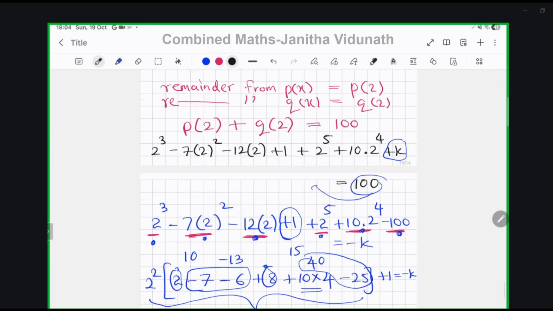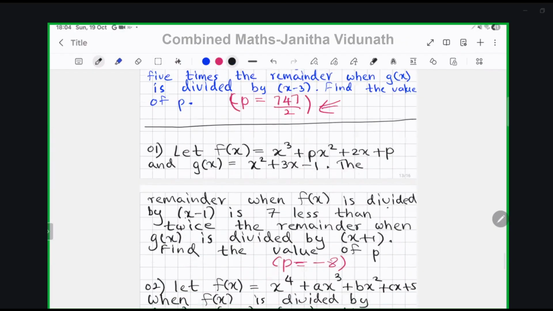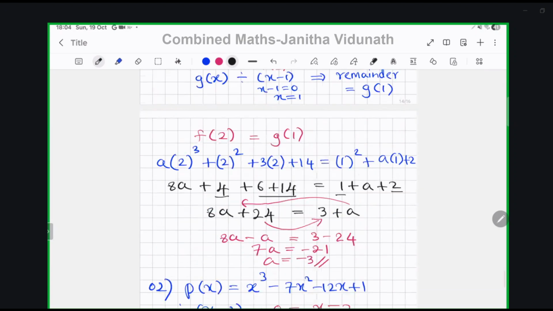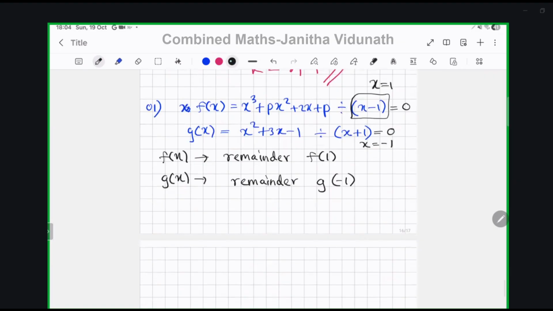Now they have mentioned that the remainder when f(x) is divided by x minus 1 is 7 less than twice the remainder of g(x). That means f(1) is equal to 2 times g(minus 1), that is the remainder from g(x), minus 7.